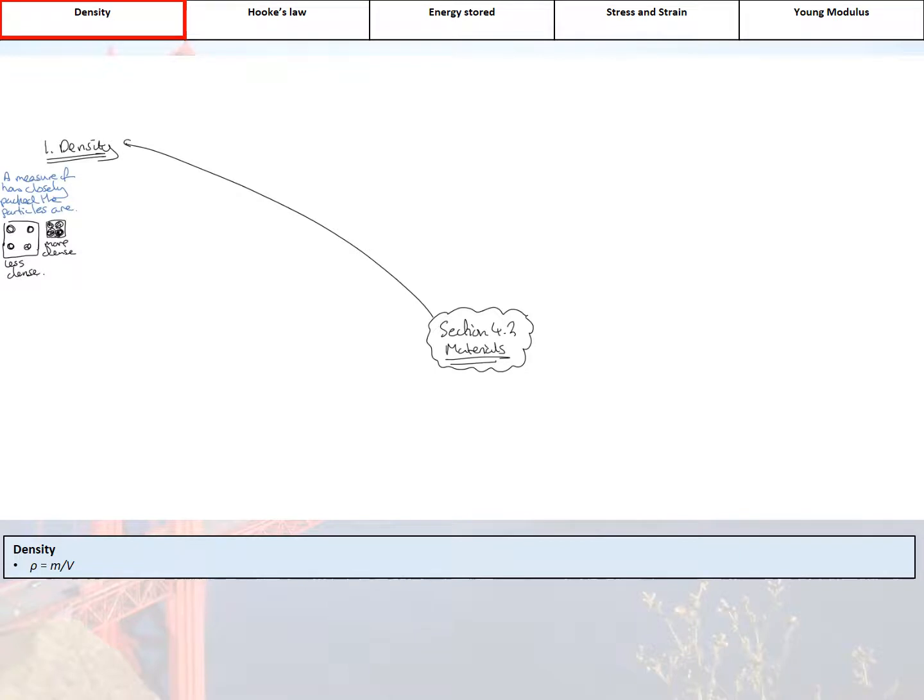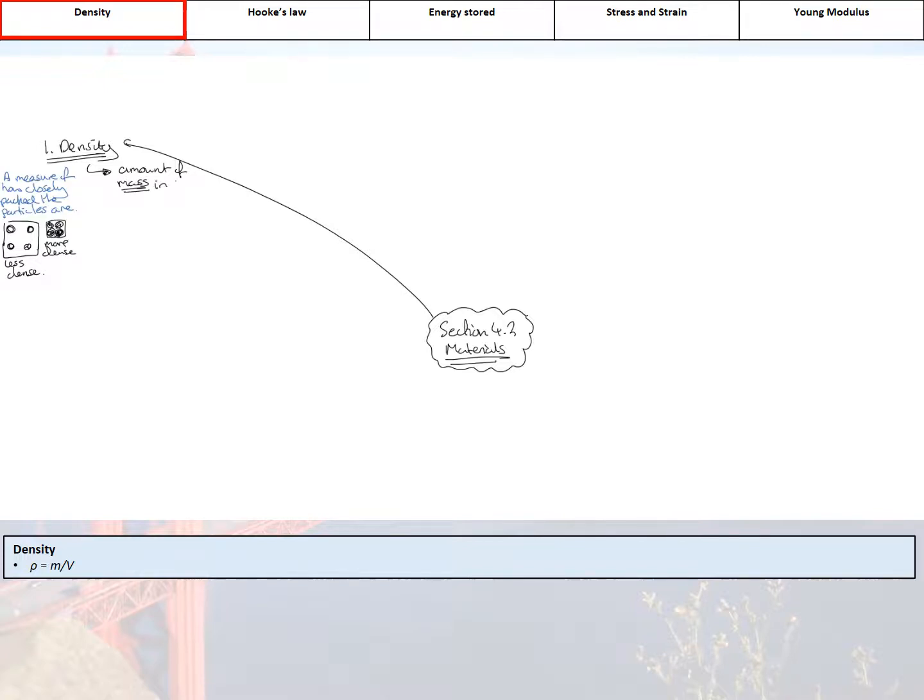But that's not very specific, so we need to be a little bit more specific than that. And we say it's how much stuff there is in a certain amount of space, except we don't use the word stuff or space. We say it's the amount of mass. Amount of mass, we use the word mass instead of stuff.